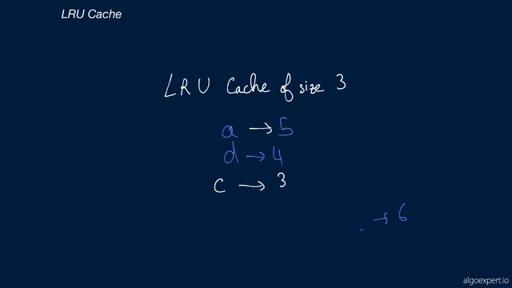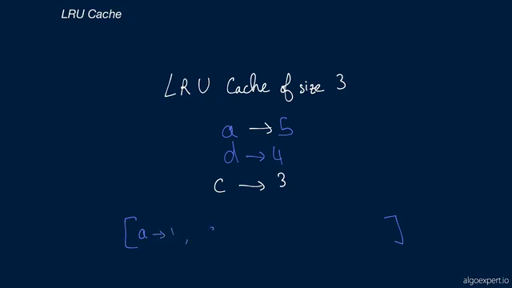Okay, so let's see if we can come up with another data structure that might help us. What about an array, a list? You could store every key value pair in the list in order. Let's say we had a list right here. You could store the first key value pair, A mapping to 1.